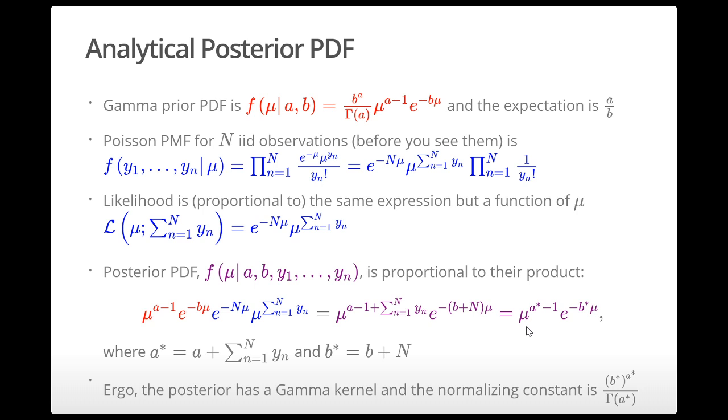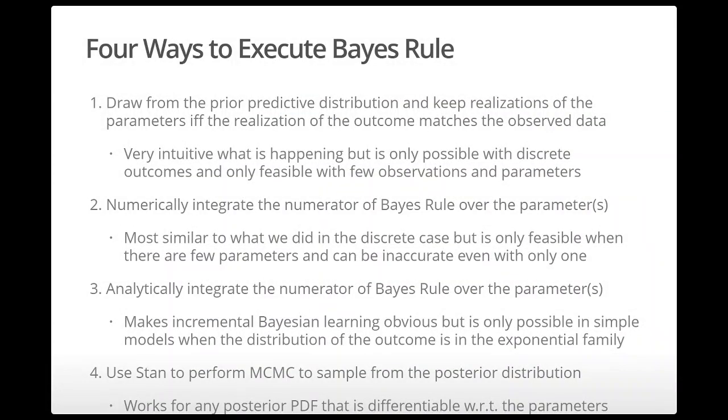So there's a handful of these conjugacy relationships that we can do, but it's not really general enough. As a preview of the rest, think about 4 ways in which we could go through the process of updating our beliefs using Bayes' rule. One way is to draw from the prior predictive distribution and keep realizations of the parameters if they exactly match the observed outcome that we see from the data.